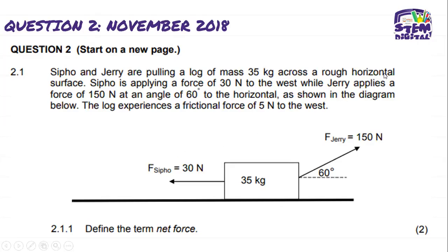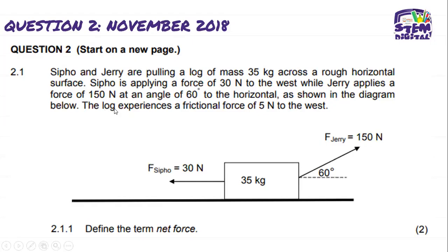While Jerry applies a force of 150 newtons at an angle of 60 degrees to the horizontal, as shown in the diagram below. So this force that Jerry is applying is making an angle of 60 degrees to the horizontal.